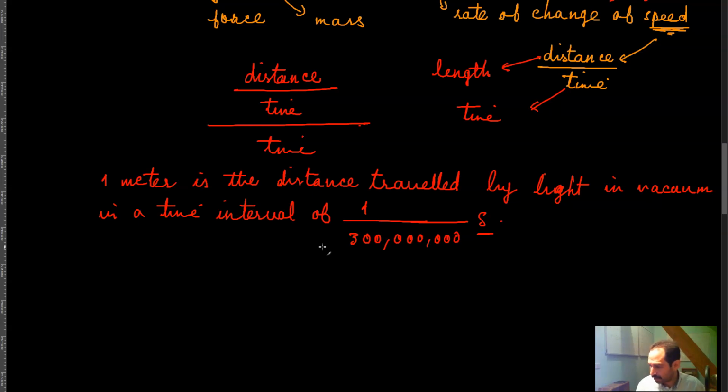Or if I say that the meter is the measurement that you can make across my rug on my floor, then everybody should have access to my rug, which is not possible. And moreover, my rug does change its length under different conditions over time, and so this is not reliable.